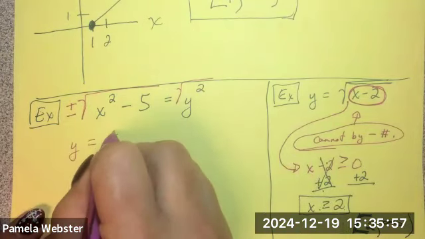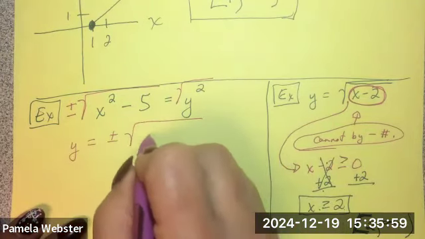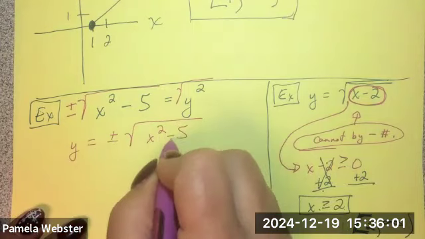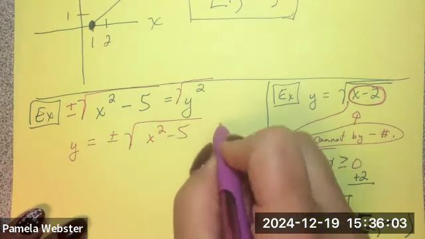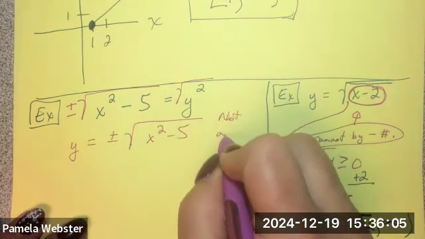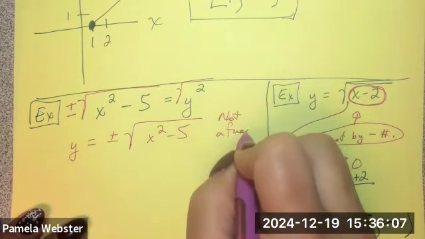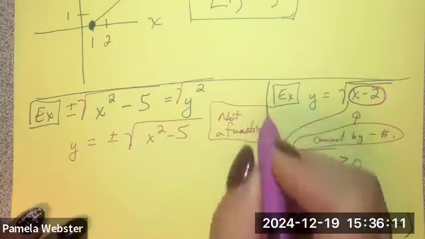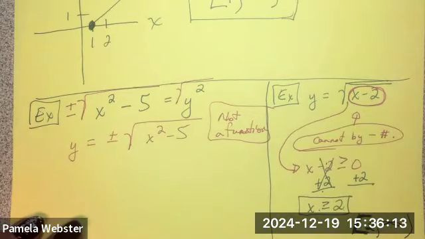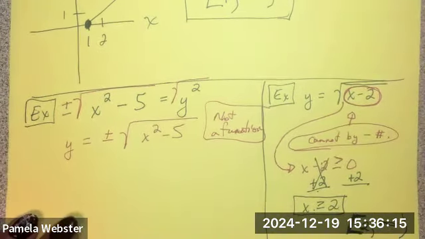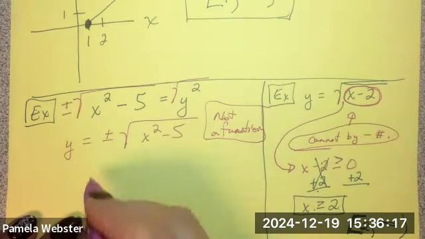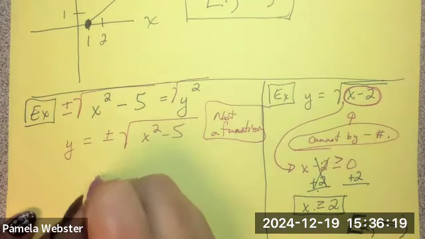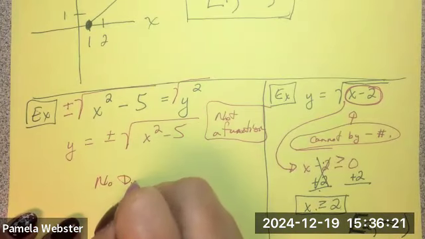So y would equal plus or minus the square root of x squared minus 5. That's a problem because it's not a function. So right off the bat, we don't have a function. And then you say, I want the domain of the function, but because it's not a function, there's not any domain.